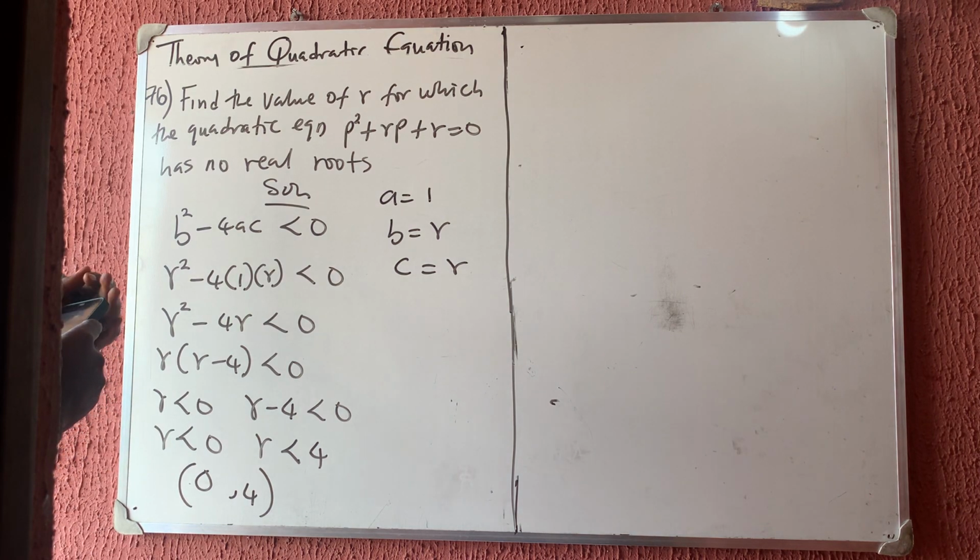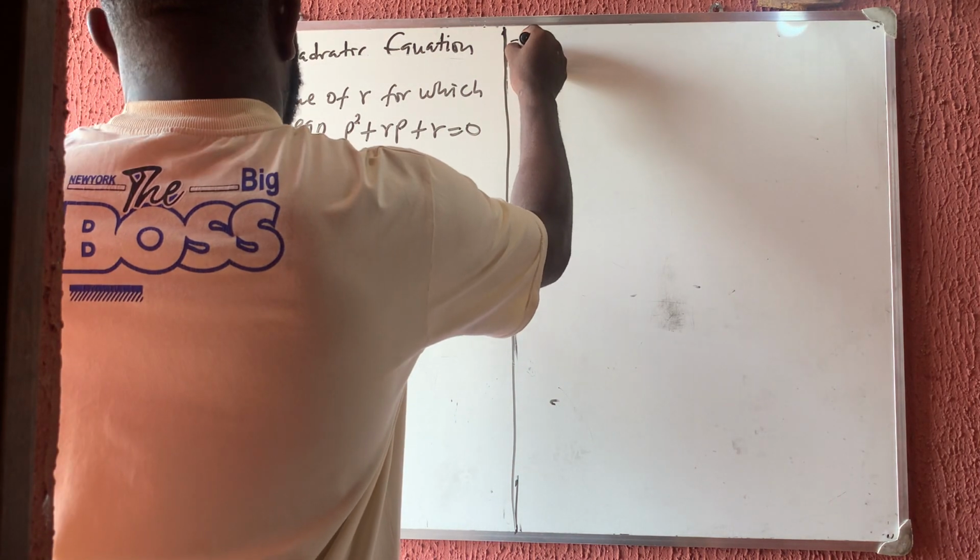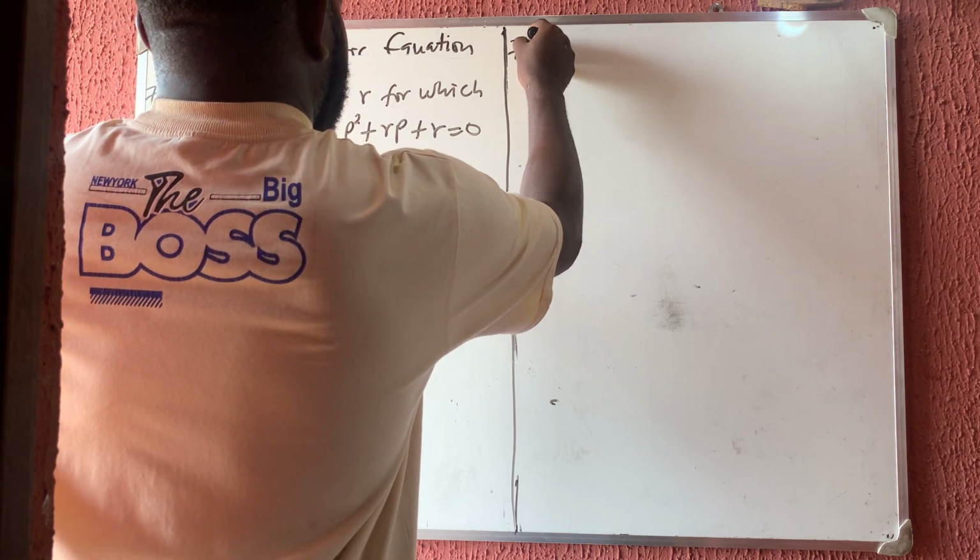So the last but not the least, the 79. There's no 77, 78. So 79.